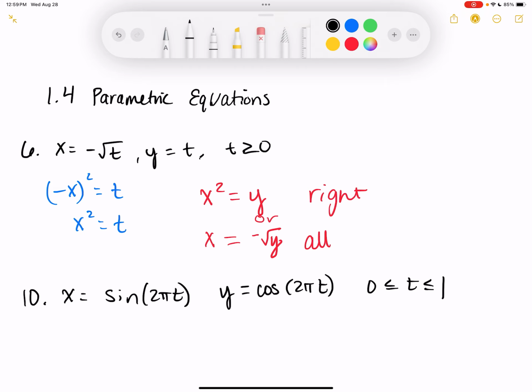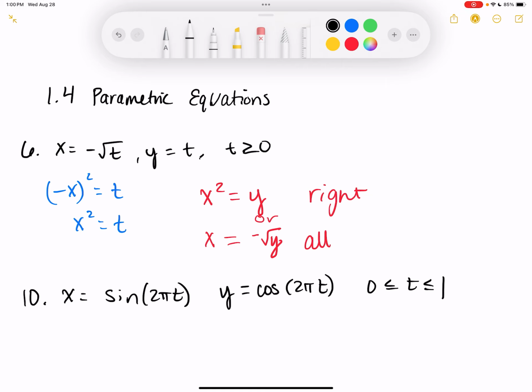Now, do you notice anything about these ones? They have the 2 pi. They do, but in terms of your notes that you have, do you notice anything different with this one? I don't know, there's the one with like the square things. It's a circle thing. It's a circle.